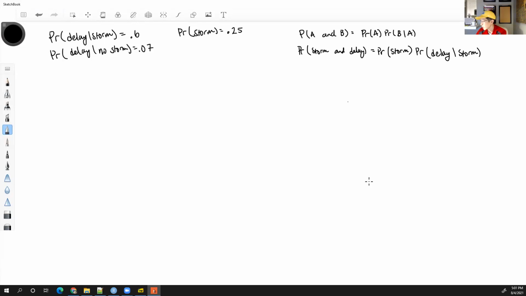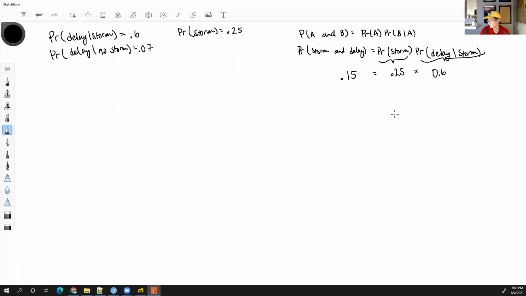The probability of a storm is right here, 25%, and we'll multiply that by the probability of delay given a storm, 60%. We multiply these two together: 15%. Storm and delay, 15%. Is that all right?